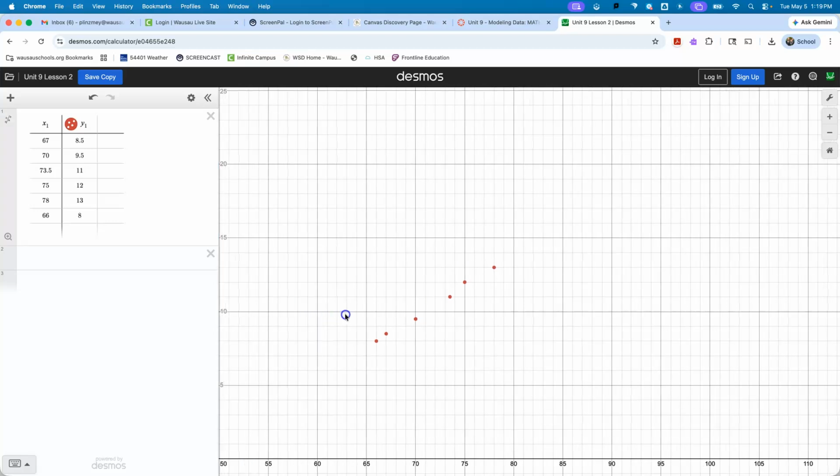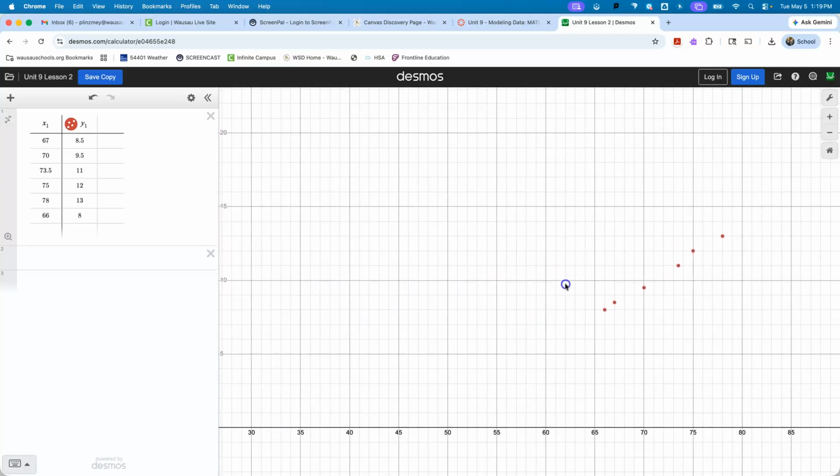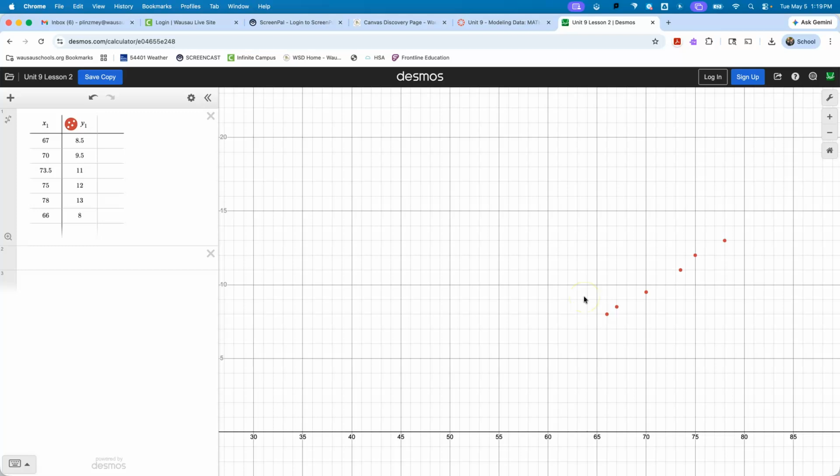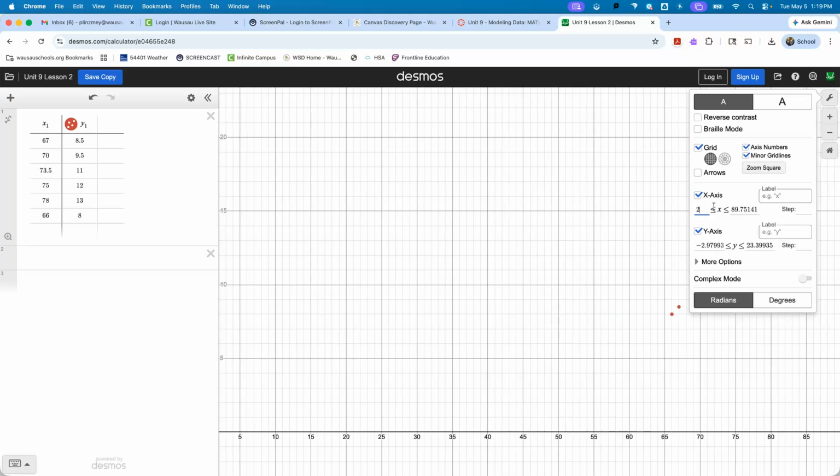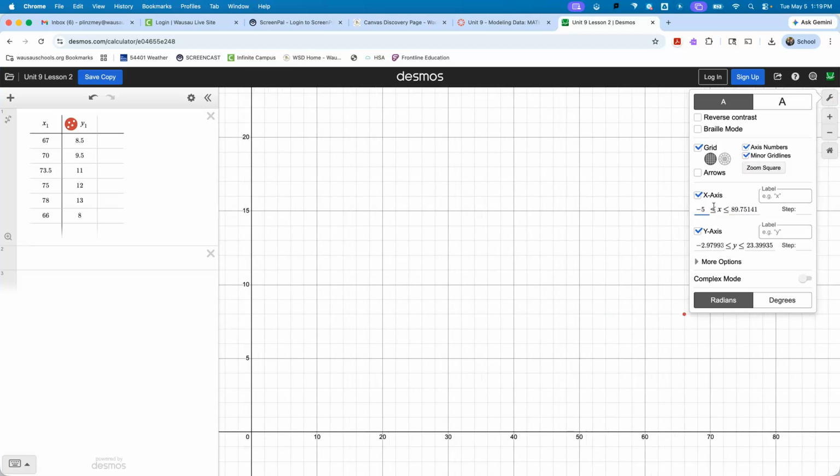Now, one of the other things that we can do too is to have it match what you had in your notes. Let me show you in Desmos how you can set your window. If you go up here to this wrench in this corner, you can set your x-axis. We had our x-axis at -5, and it went all the way up to 95.